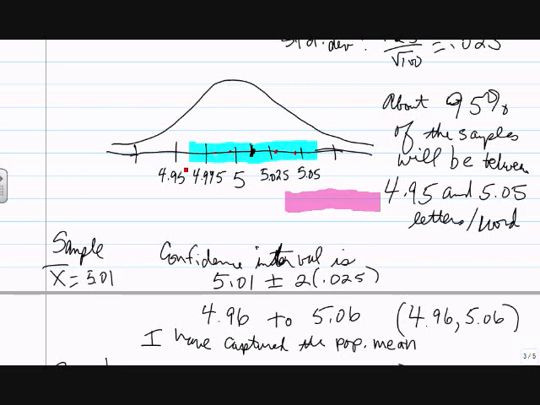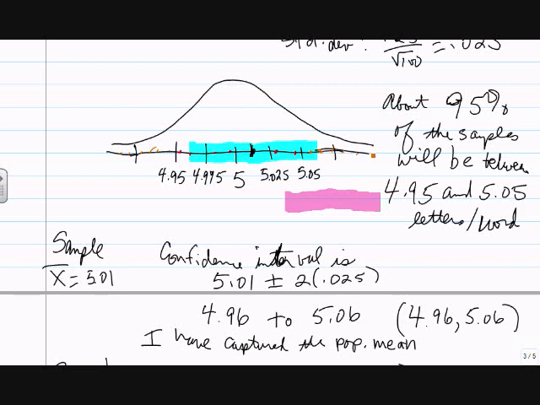If I had a mean here, anywhere within 2 standard deviations, the interval I make of 2 standard deviations will contain that population mean. If I instead get a sample mean out here or out here, then the interval I make will not contain that 5.